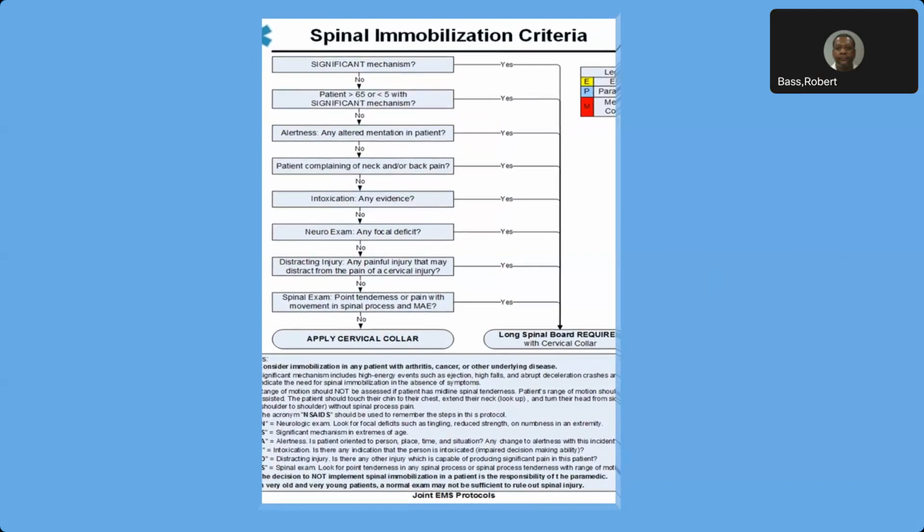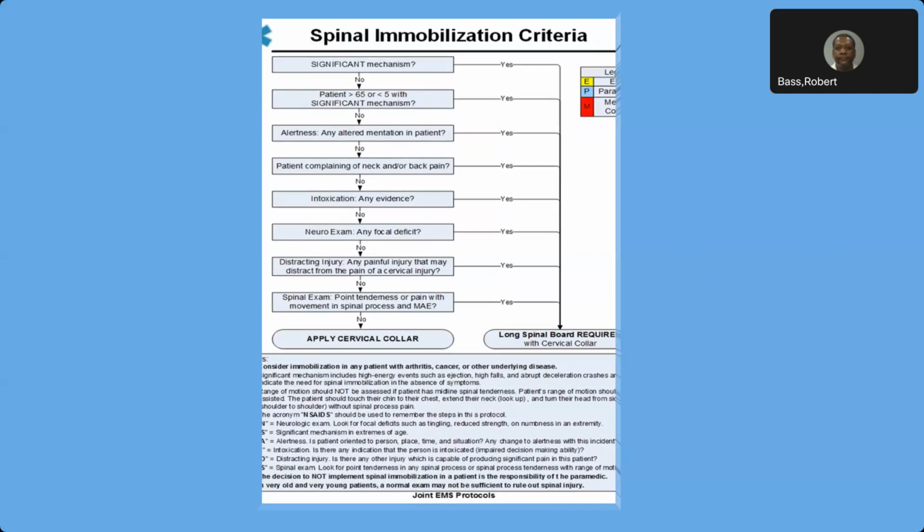You can place a C collar on this patient, but with the long backboard, it will be easier to move the patient from the ground to the stretcher, or to the hospital bed as well, or if this is an intercept, from stretcher to stretcher.